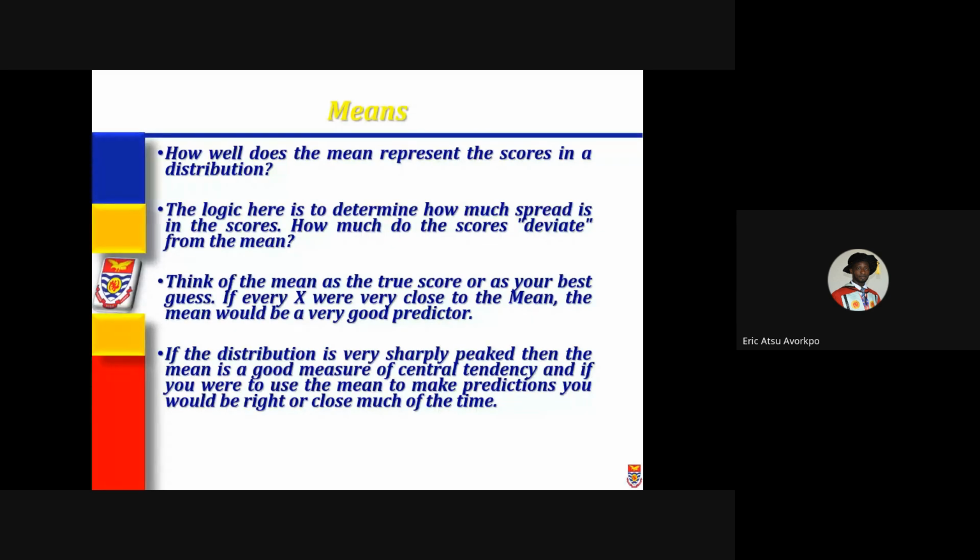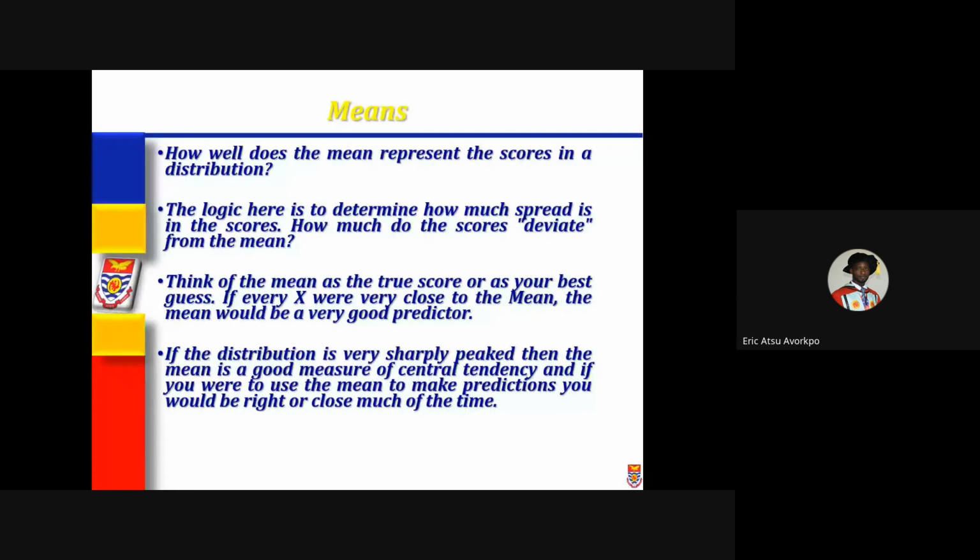If the values are much closer to the mean, or they are very peaked around the mean, then you can even use the mean to describe the data better than if you would want to rely on the measures of dispersion, right? That is what we are trying to say here.